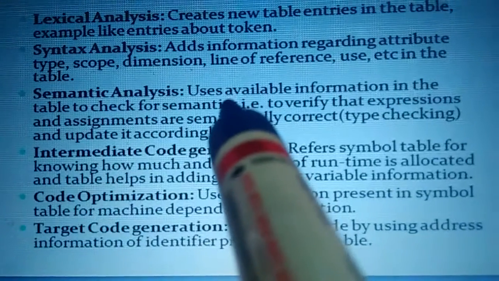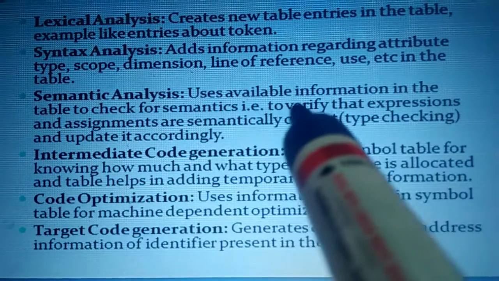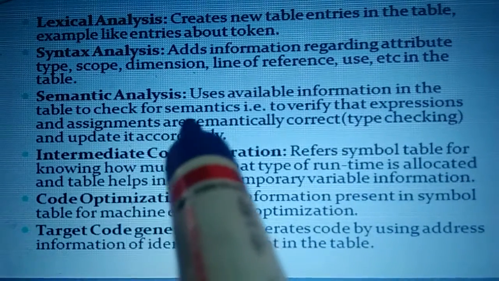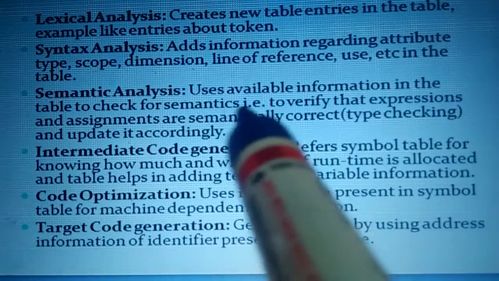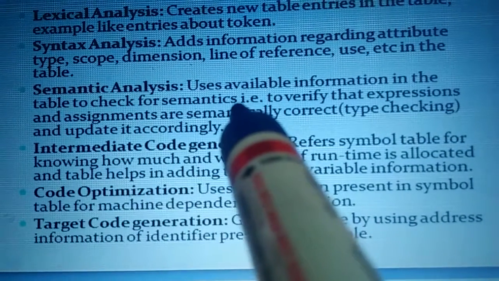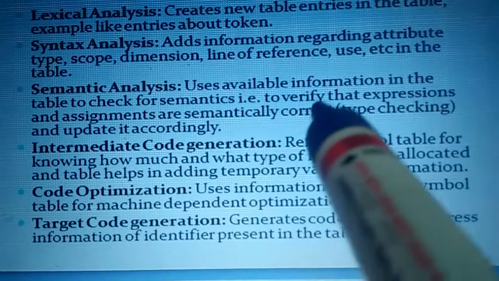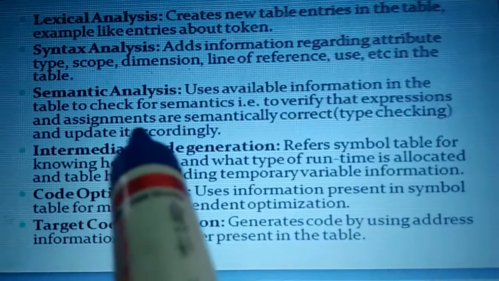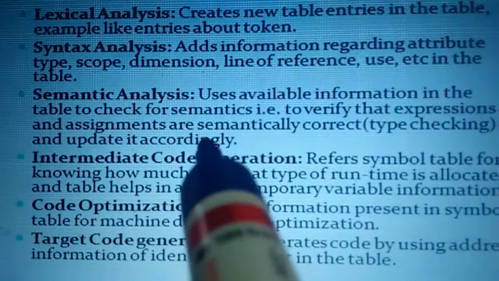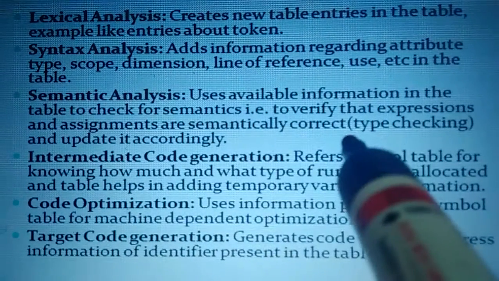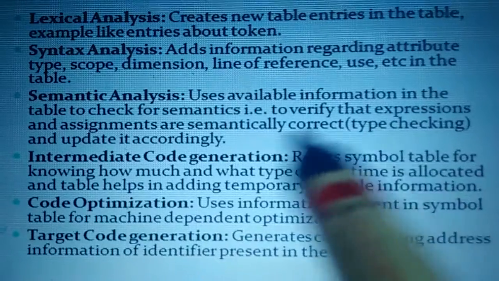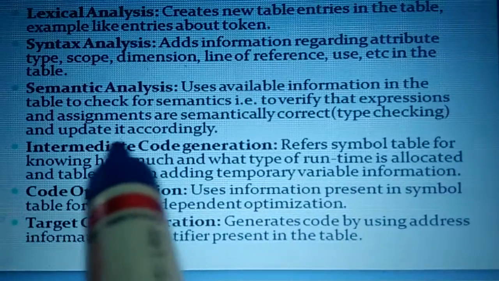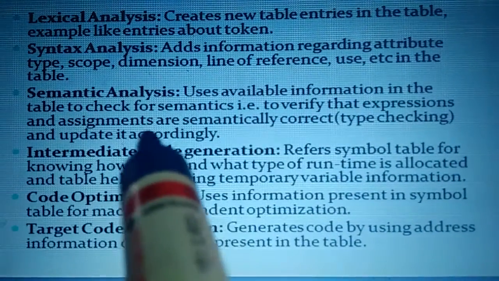Semantic analysis uses available information in the table to check for semantics, in the sense to check for its meaning, to verify that expressions and assignments are semantically correct, like for type checking, and update it accordingly.